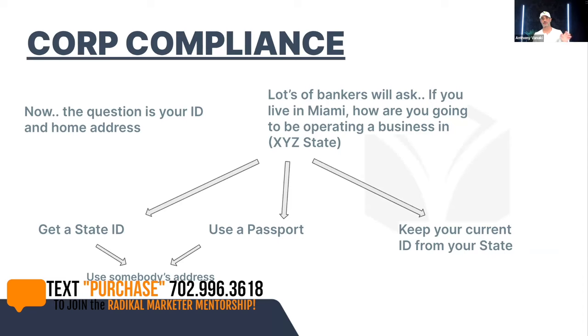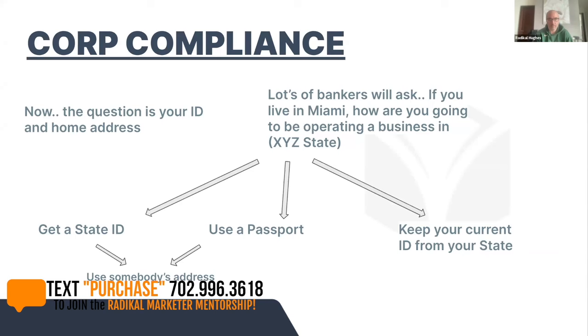It allows me, if I want to foreign file in Arizona, to show that I have a physical address over there. It essentially helps with the whole story of working the system in the foreign filing game. You can use your state ID if you know somebody's address: fly in there and go get that. You can have as many state IDs, but you can only have one driver's license.